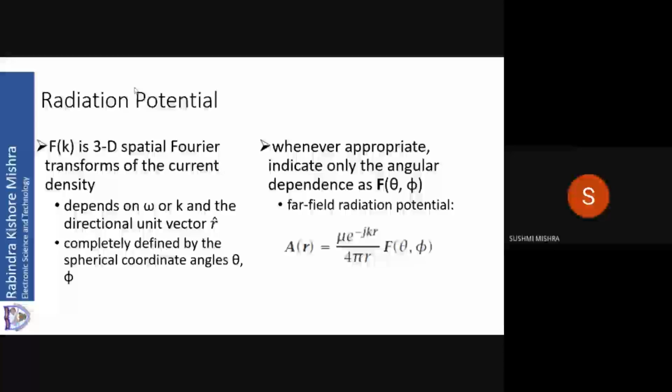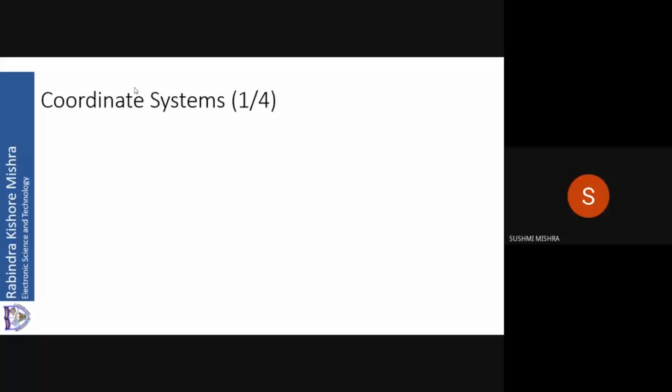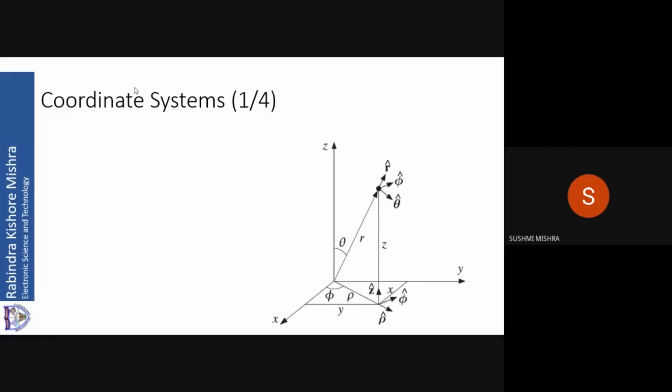So with this background, I think we are equipped enough to look into the radiation part. But before that, I hope you remember the coordinate system. I will briefly revisit the coordinate systems so that we can use them in the next part on radiation.